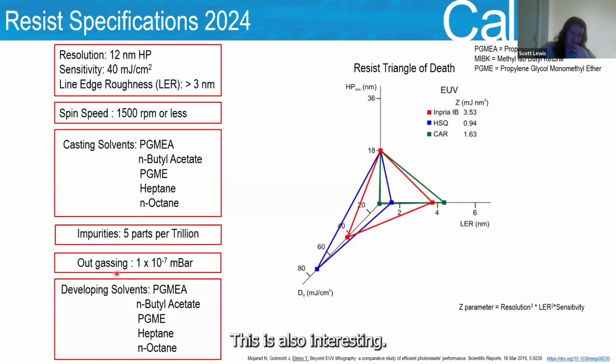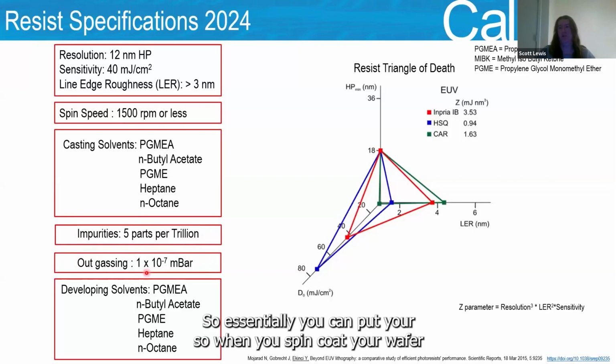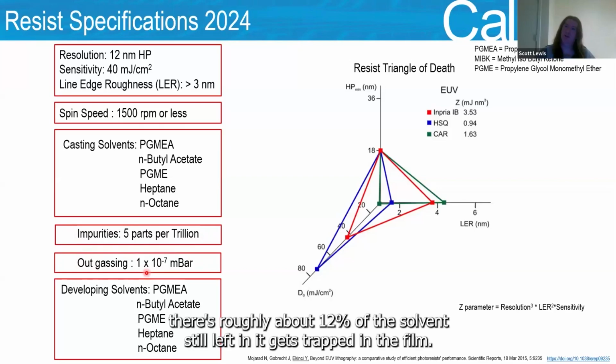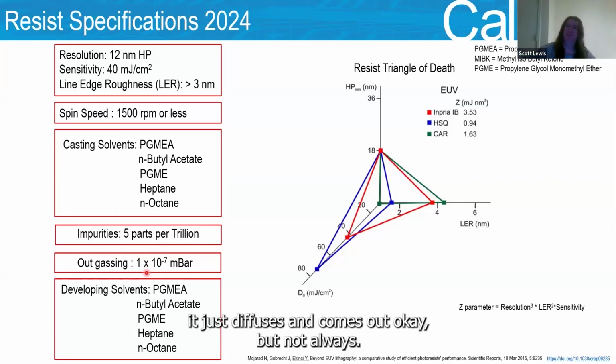This is also interesting, and difficult as well. The outgassing, what does outgassing mean? When you spin coat your wafer, there's roughly about 12% of the solvent still left in. It gets trapped in the film. So when you put it in a vacuum, it just diffuses and comes out. But not always.